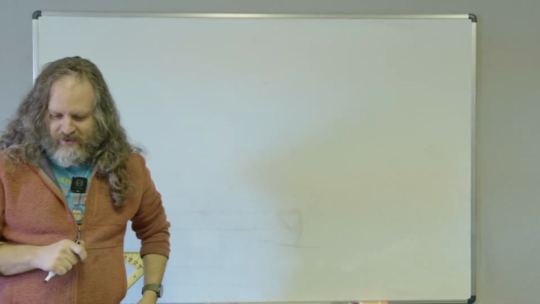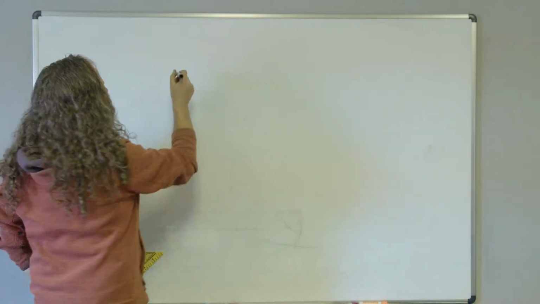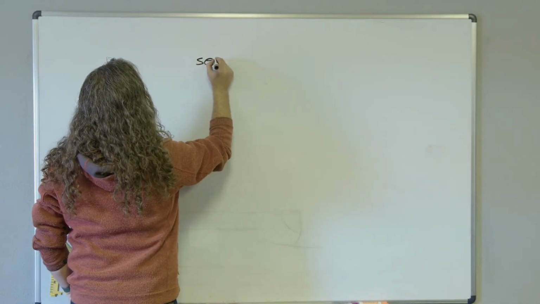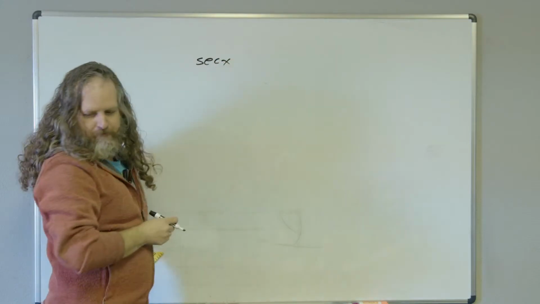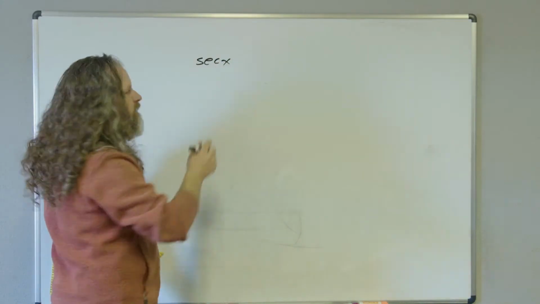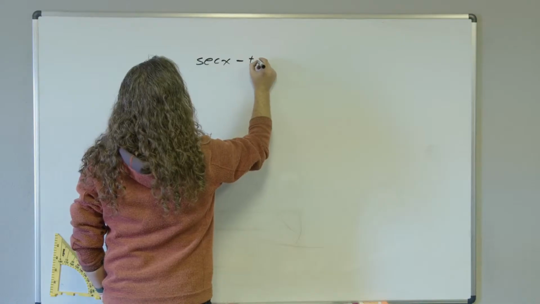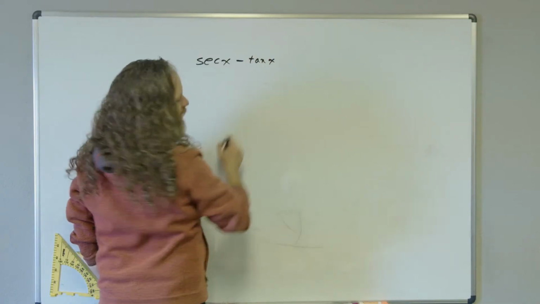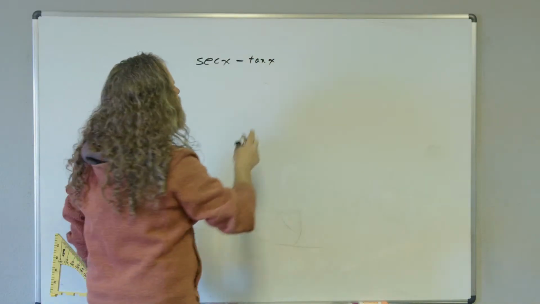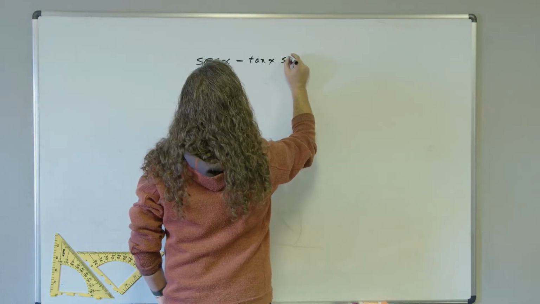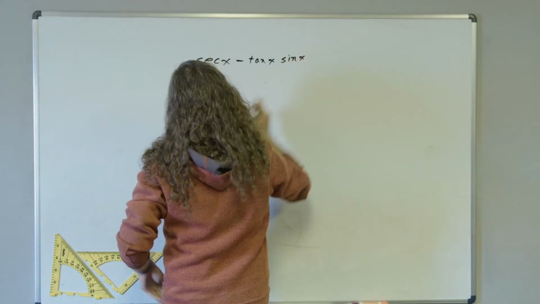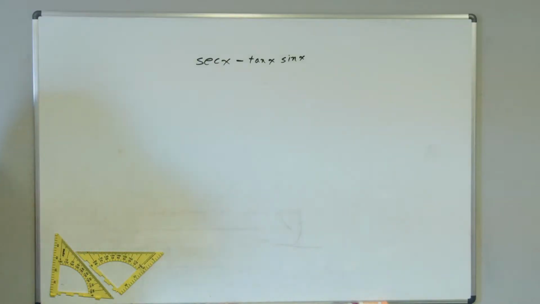So the instructions say simplify. We're going to simplify the secant of x minus the tangent of x times the sine of x. Now, just like in geometry proofs, there are a few strategies to look for.